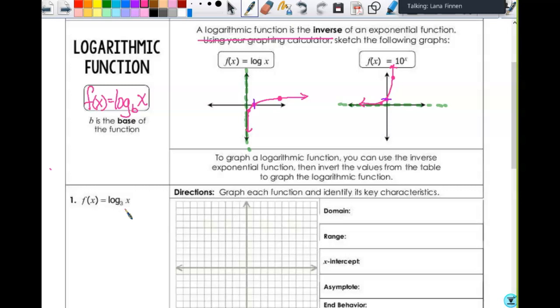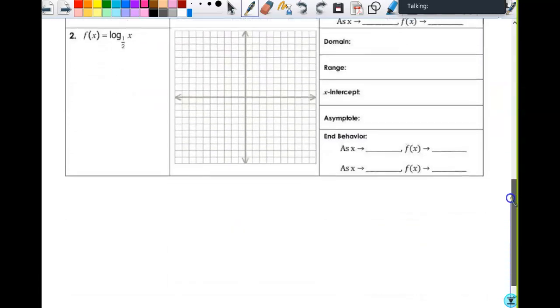So we're going to start with number 2, where it gives us a fractional base instead of a whole number base. So what we're going to do for these, and this has no transformations, it's just a log function. We're going to set this equal to y, and then we're just going to rewrite it in exponential form. I'm not taking the inverse, I'm not exchanging anything, just taking the base to this power, so 1/2 to the y power equals x.